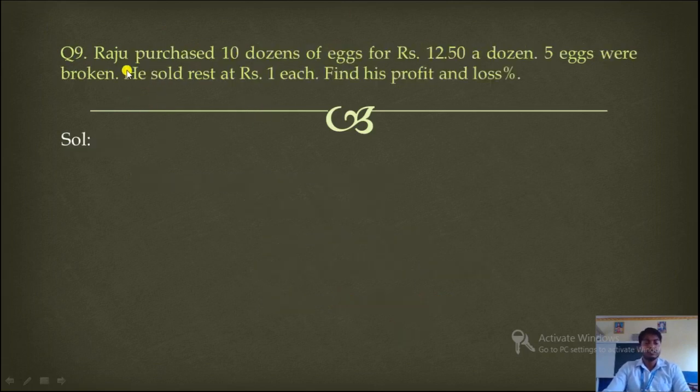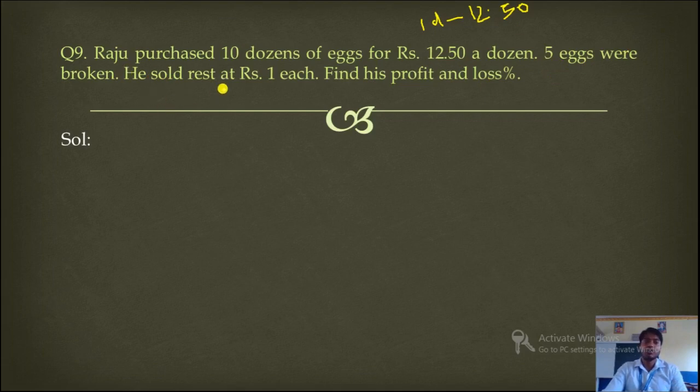Next, this is the last question of the exercise. Raju purchased 10 dozen of eggs for rupees 12.50 a dozen. Here 1 dozen cost is given, that is 12.50. 5 eggs were broken from total number of eggs.